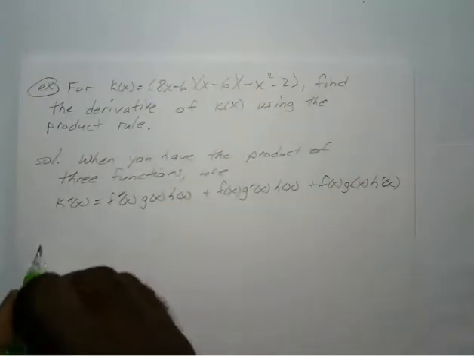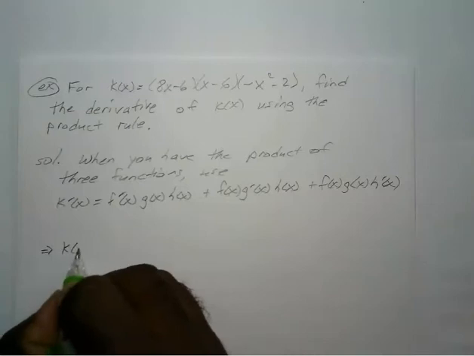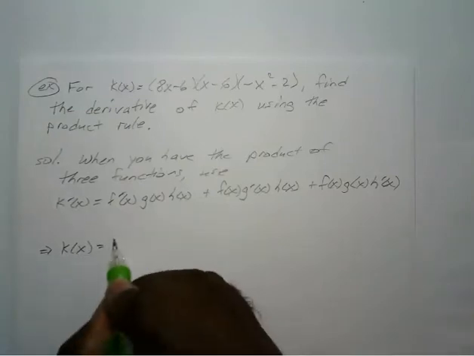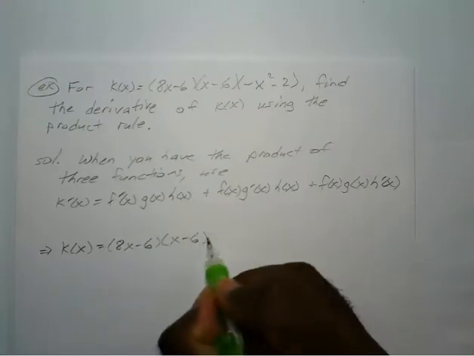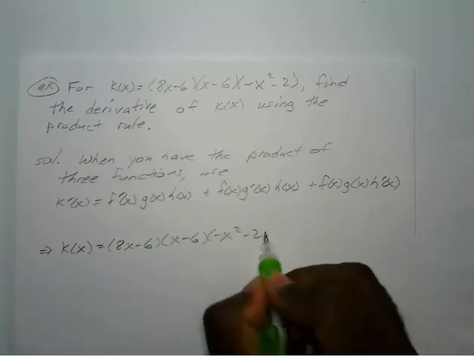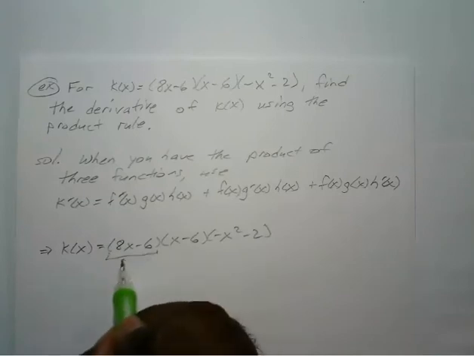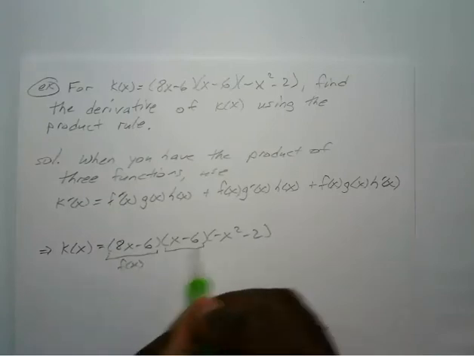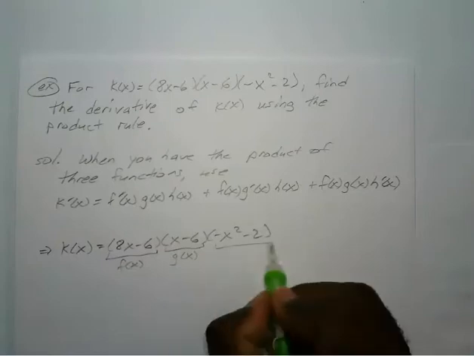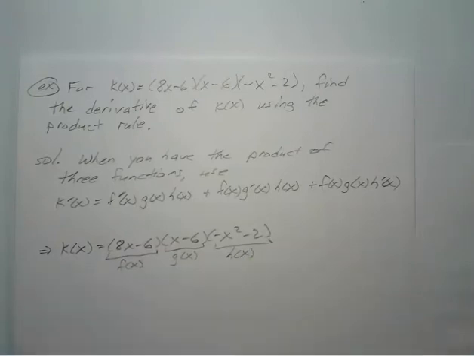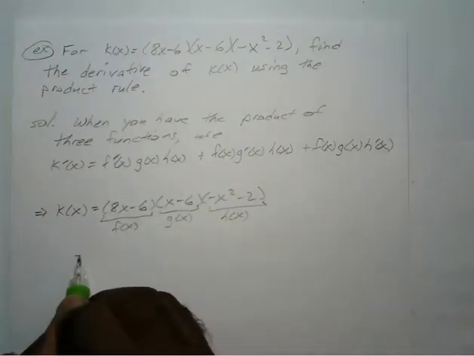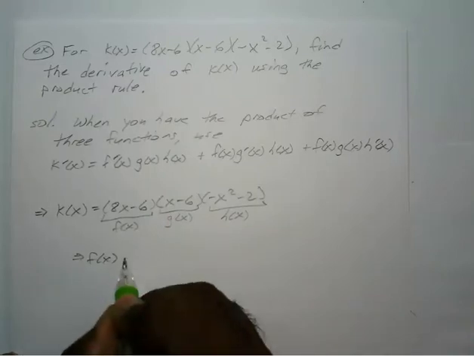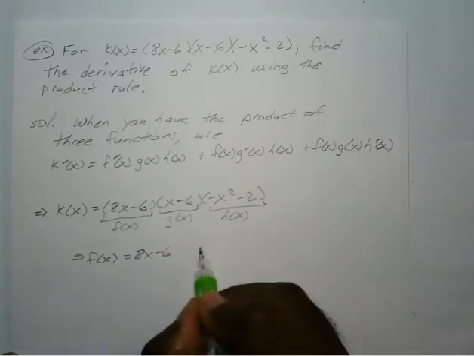Alright, so we know that k of x is equal to 8x minus 6 times x minus 6 times negative x squared minus 2. So of course this is your f of x, your g of x, and your h of x. Alright, so we have to find the derivative of each of those terms. So f of x equals 8x minus 6.